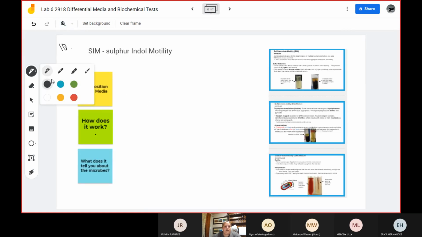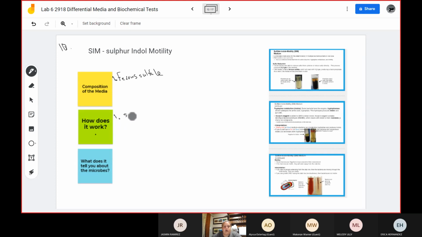So let's look at the composition of the media. It has ferrous sulfate in it, and it has some form of citrate or other type of sulfur, which would be supplied through the ferrous sulfate. And let's put this as our first test here.